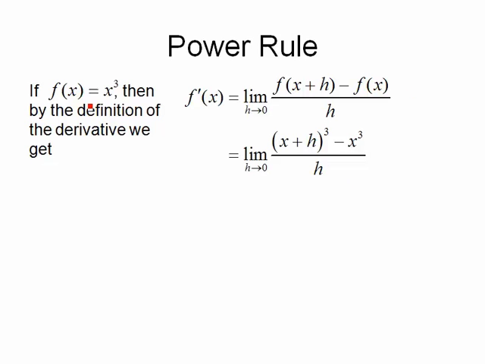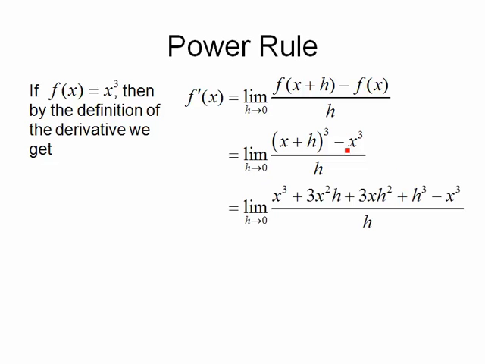If f of x is x cubed, f of x plus h means we put in place of x the quantity x plus h, so we get the quantity x plus h cubed. F of x is just x cubed, so we put those things in here. And we can't possibly do this limit now because if h approaches 0, we're going to get 0 over 0 out of this fraction. So what I need to do is expand x plus h cubed, and in the process, see what I can get to simplify here.